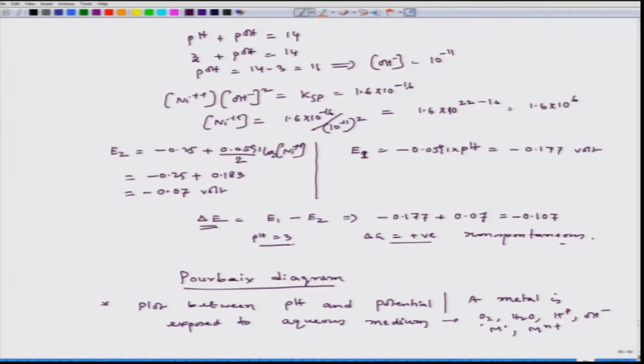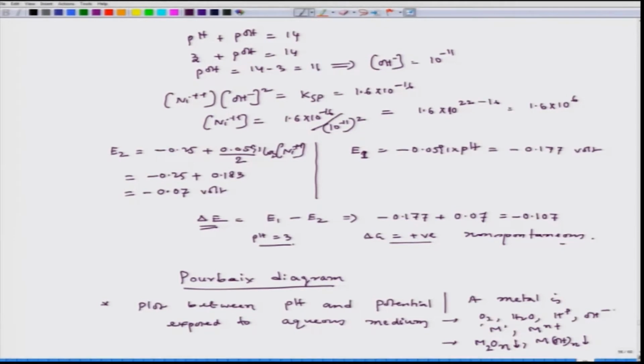This M is nothing but a metal. Now, whenever we have existence of metal ion, there could be possibility of formation of M2On, this oxide, or M(OH)n, this hydroxide. Generally these oxides or hydroxides have very low solubility product, and that is why they tend to settle down.